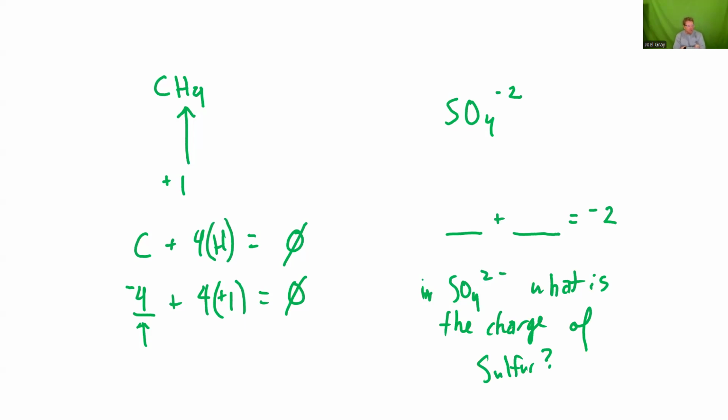Add it to the chat. And if I see it within the first 3 responses, and you can private message me. Keep in mind, there's 4 oxygens. We got 4 oxygens. What do we know that the charge of oxygen is? 4 times -2.